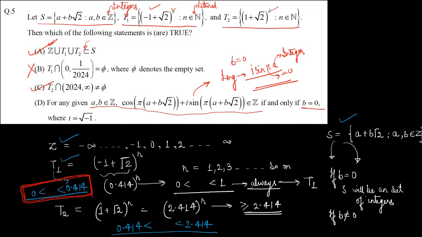So if B is 0, the imaginary part will not exist here, and this will become an integer. But if B is a non-zero integer, then it is not possible for the whole expression to come out as an integer. Therefore for this expression to be an integer, B must be 0. So option D is also right. So we have found that options A, C, D are right for this question. Thank you.